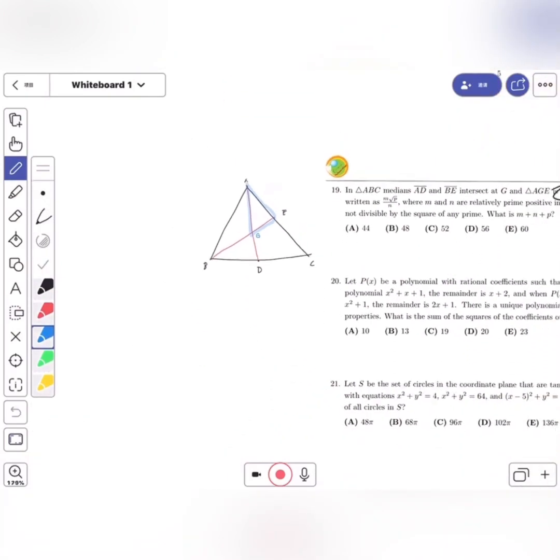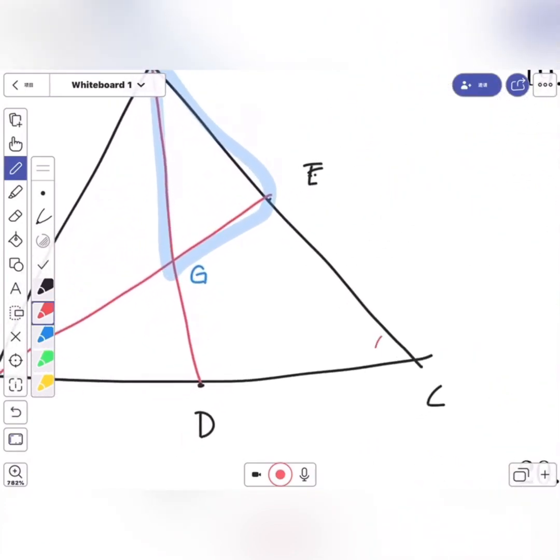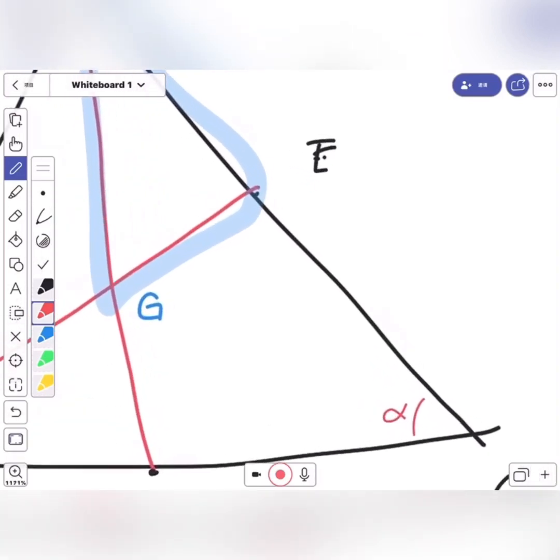What we are trying to find is the cosine value of this angle. So we want to find cosine.